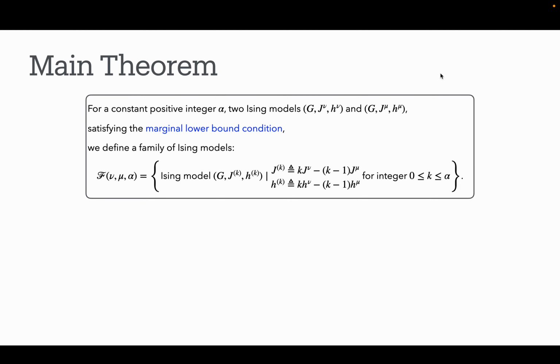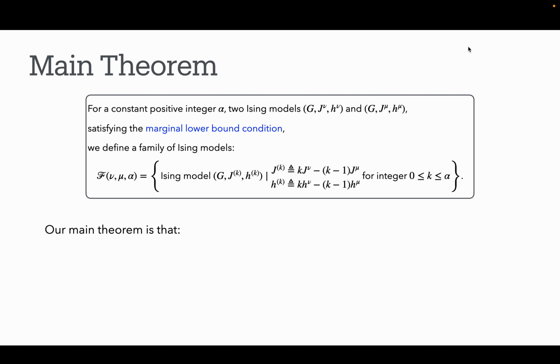Our main theorem is that for a constant positive integer alpha, and two Ising models (G, J nu, H nu) and (G, J mu, H mu), they satisfy the marginal lower bound condition, which we'll introduce later, and we define a family of Ising models F nu mu alpha equal to a set of Ising models (G, J_k, H_k), where J_k is k times J nu subtract (k minus 1) times J mu, and H_k is k times H nu subtract (k minus 1) times H mu, for all k between 0 and alpha.